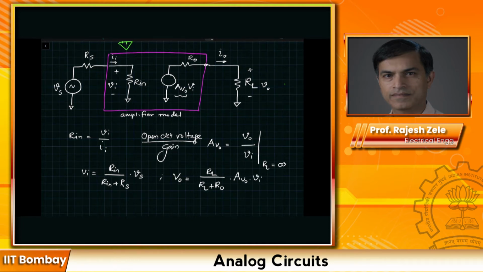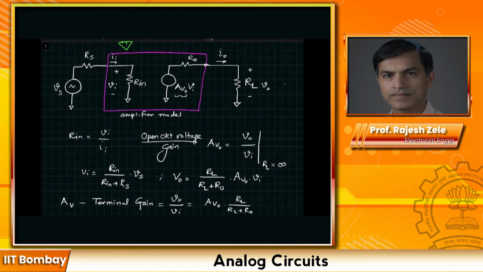Now a few definitions. The terminal gain Av for the amplifier is given by Vo divided by Vi, and that is given by Avo times RL divided by (RL plus Ro). Once again, the definition here is slightly different. When you talk about open circuit voltage gain, then RL is infinity, and that is Avo.